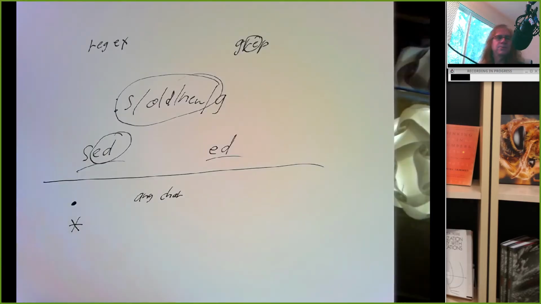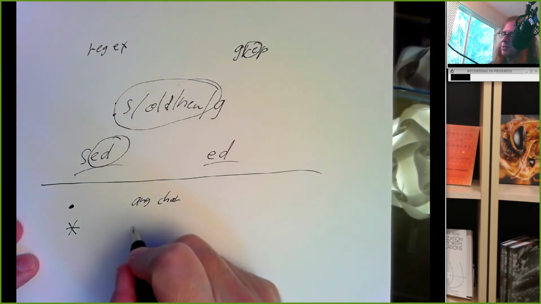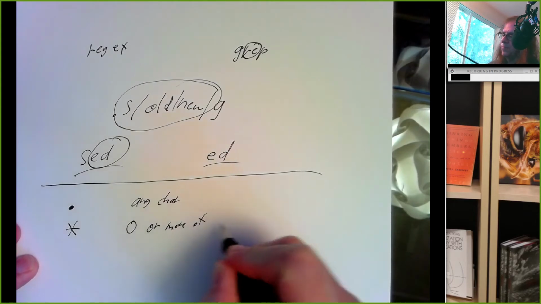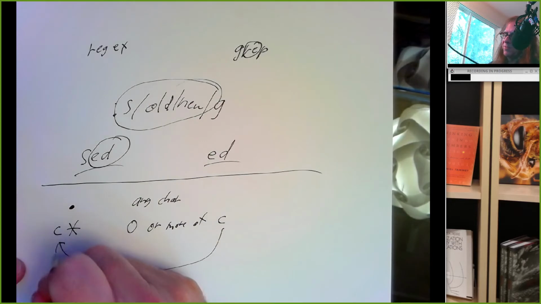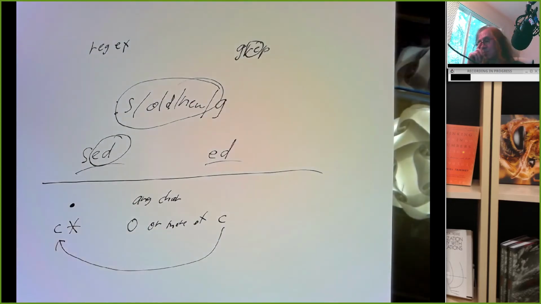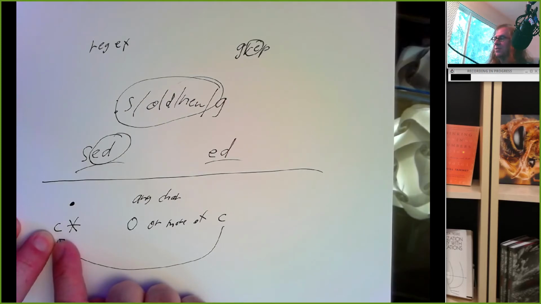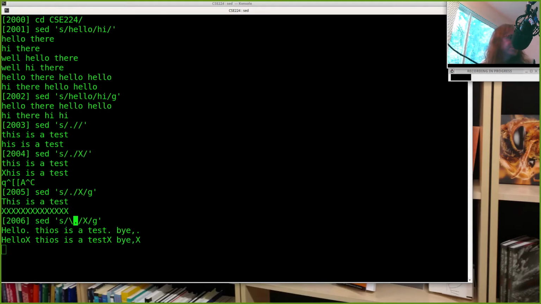All right, so asterisk is another special character in regular expressions, and this means 0 or more of whatever character I put before the asterisk. So if I say search for something followed by an asterisk, it means I want you to match 0 or more occurrences of this something. So I could do something like this.